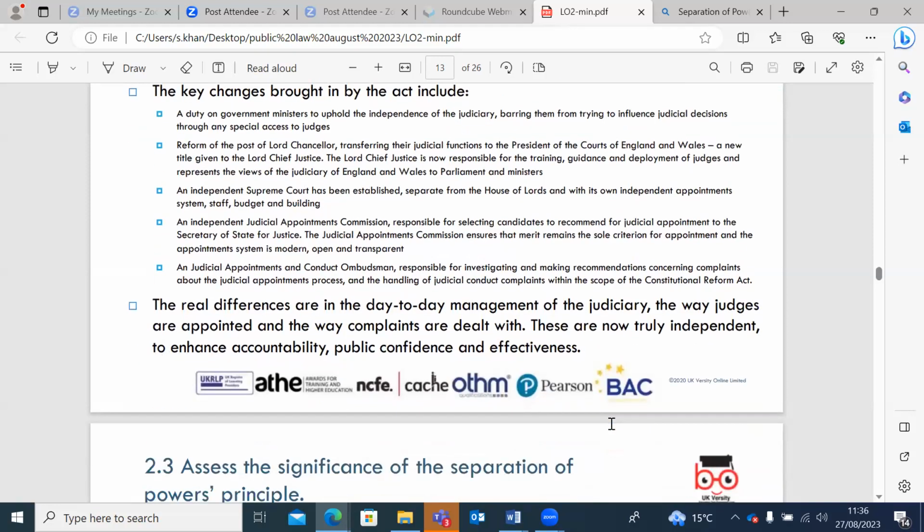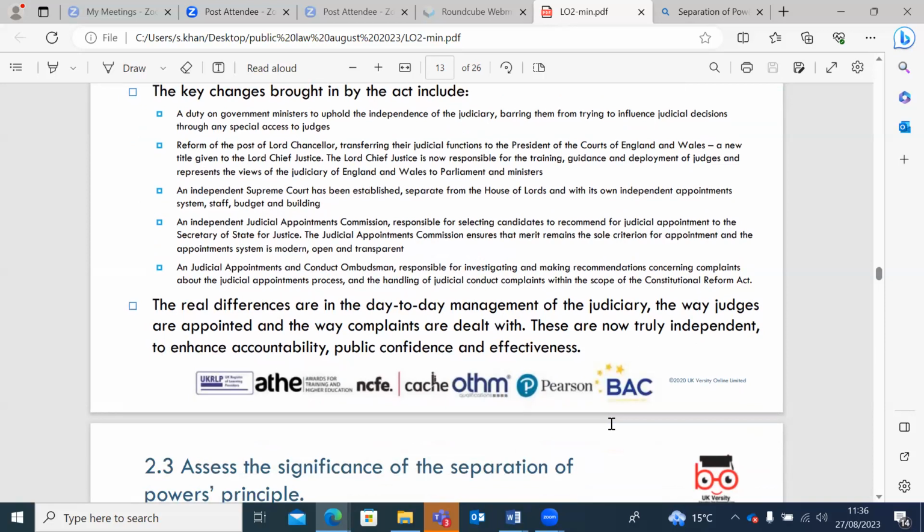The real differences are in the day-to-day management of the judiciary, the way judges are appointed and the way complaints are dealt with. These are now truly independent to enhance the accountability, public confidence and the effectiveness.